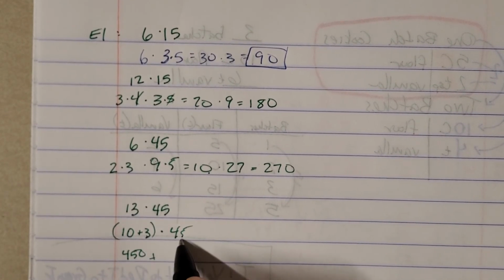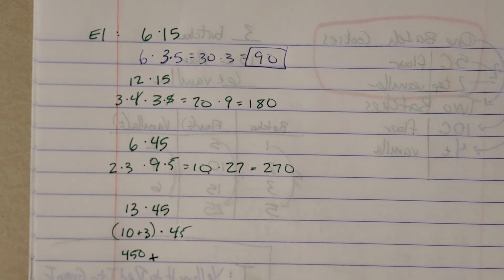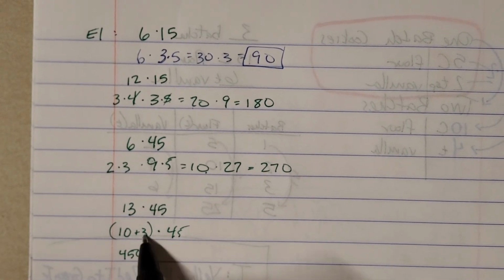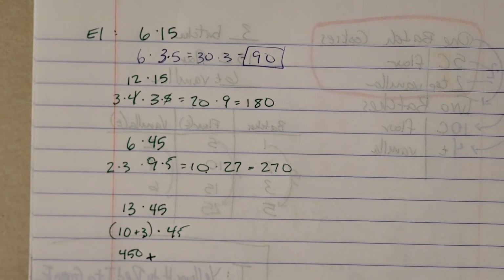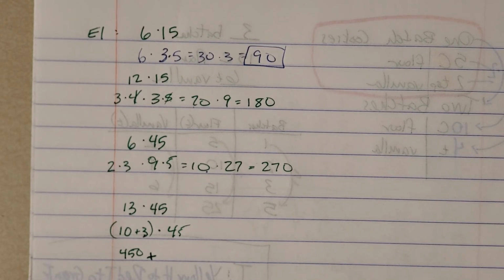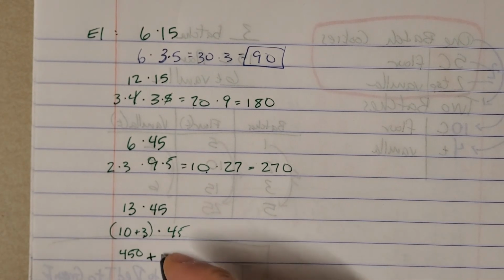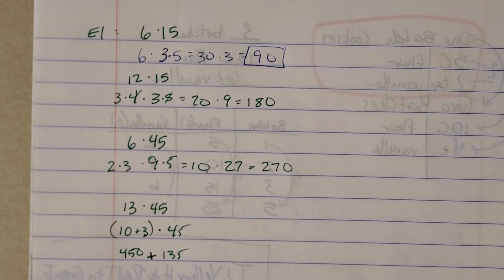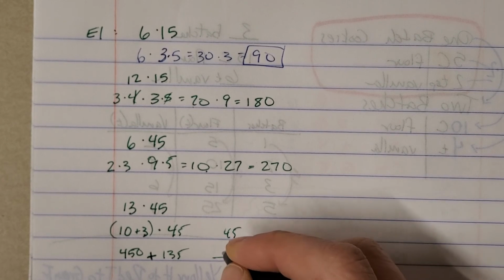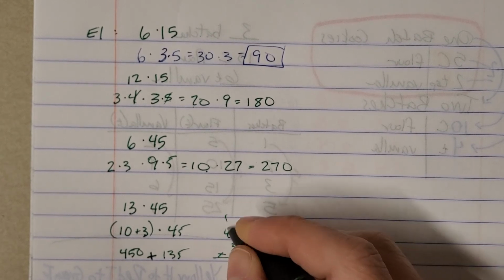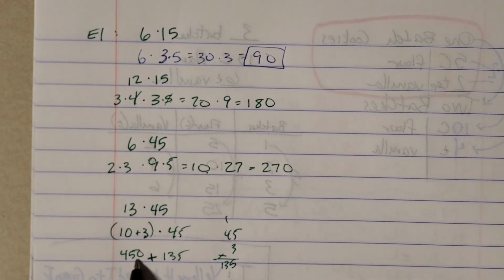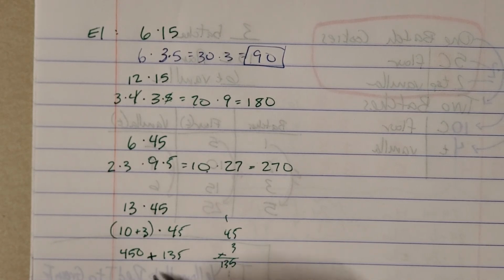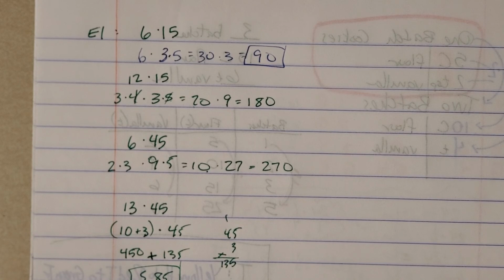And 3 times 45, this is a distributive property from algebra, hope you remember. 3 times 45 is 135. I guessed at that. Did I do good? 45 times 3, 15, 12, 13. Oh, good. Then we could just add those up, and I feel like we can add those up pretty good in our head. 585, right?